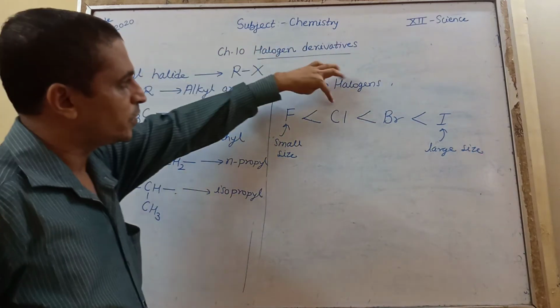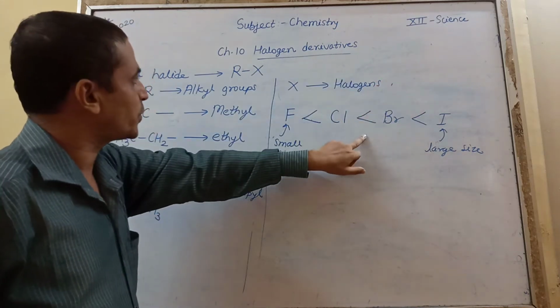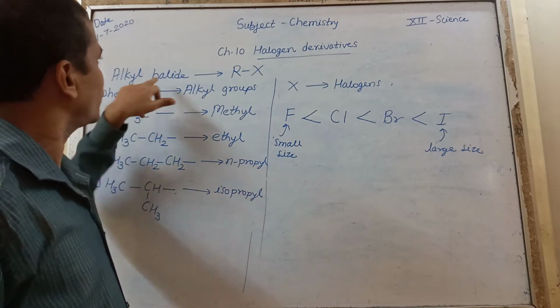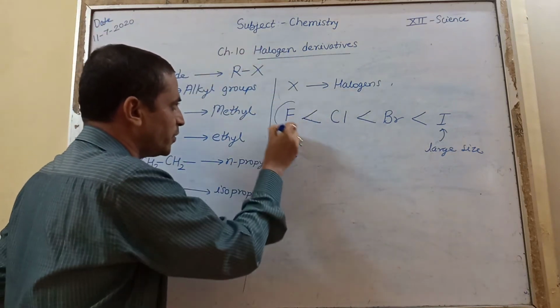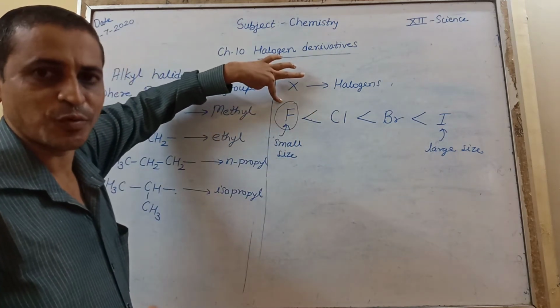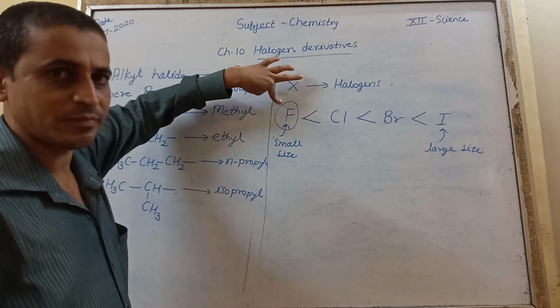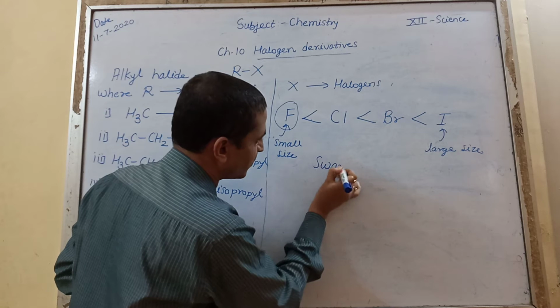We are interested in chlorine, bromine, and iodine in order to write down reactions based upon alkyl halide. But we are not interested in fluorine because reactions with fluorine are very explosive. We can study only one reaction based on fluorine, that is Schwarz reaction.